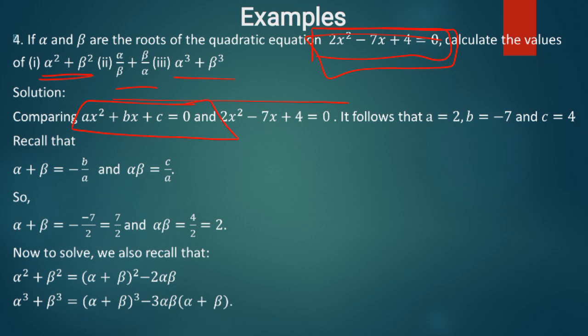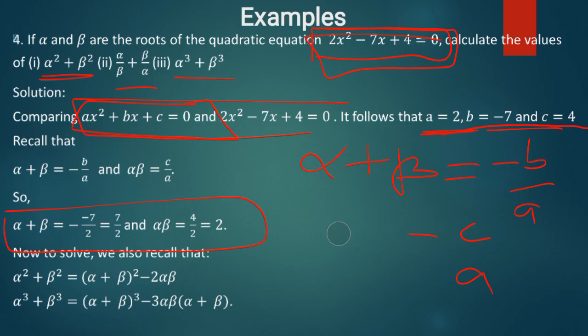If you compare, you get these values for a, b, and c. From our formula, alpha plus beta is minus b over a, and alpha beta is c over a. You know what a, b, and c are, so you plug them in. That's how we got those values here.